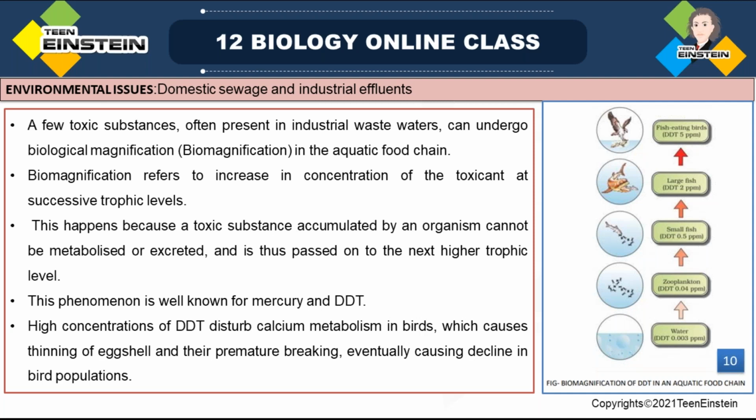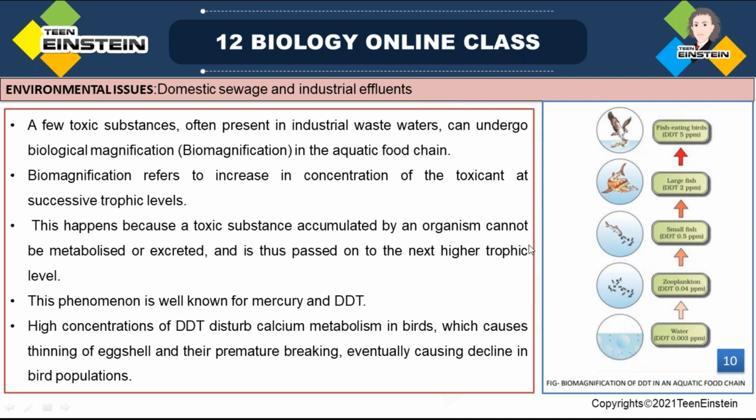Because when toxic substances are accumulated by an organism, they cannot be metabolized or utilized, and they cannot be excreted either. So it will pass from one trophic level to the next, and like that it will reach the higher trophic level. That phenomenon is called biomagnification.